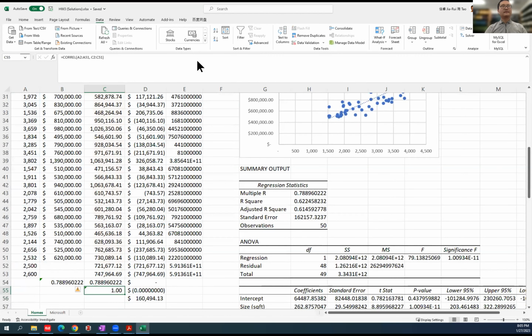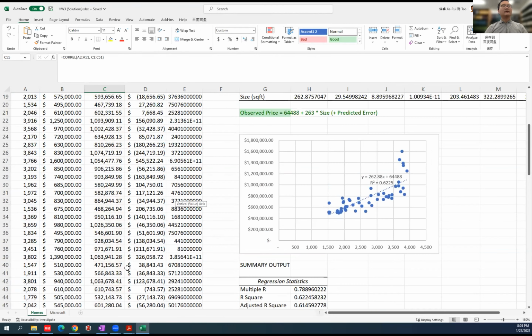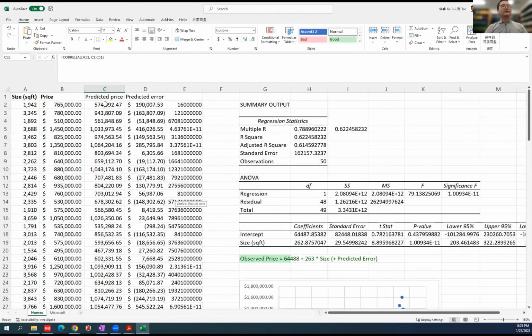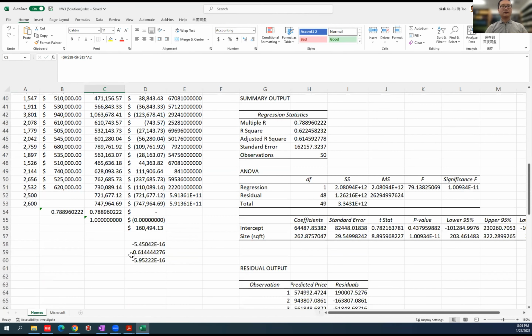As you can see, this is exactly 1. It's not because of any rounding issues. This is expected because the predicted price is built solely on the linear combination of size, so they lie exactly on the trend line. That's why the correlation is exactly 1.